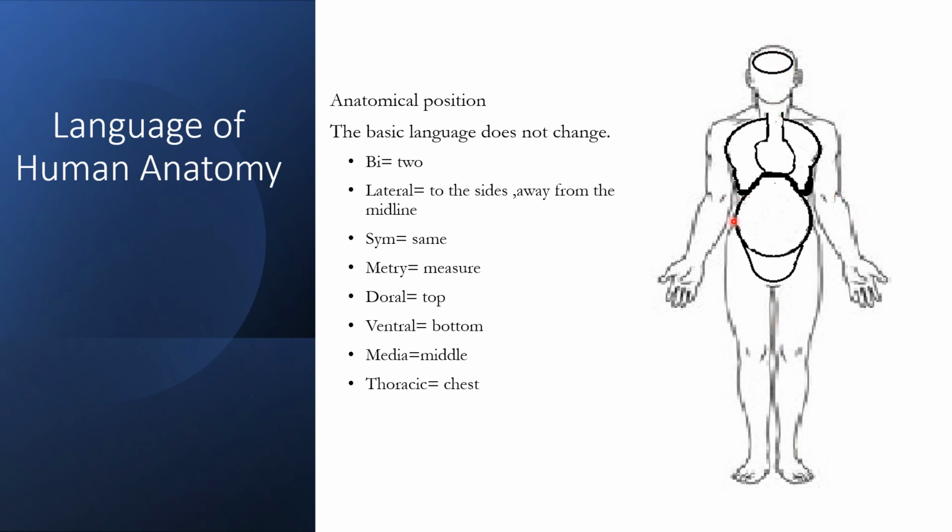So that's why we call it bilateral symmetry. We actually can also talk about things being either dorsal, which is on top, or ventral, which is on the bottom. Now this changes a little bit because of how we develop. So you'll see certain things like dorsal and ventral change a little. Median or medial will mean middle. Lateral means to the side, and it'll make sense why I'm using these words first.